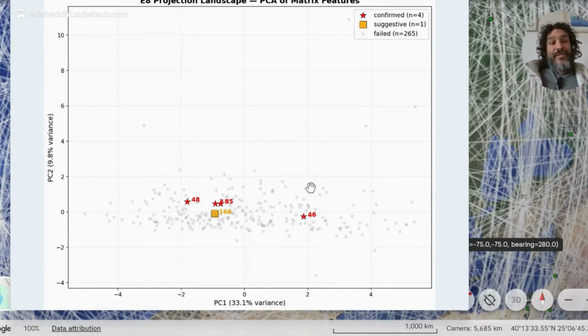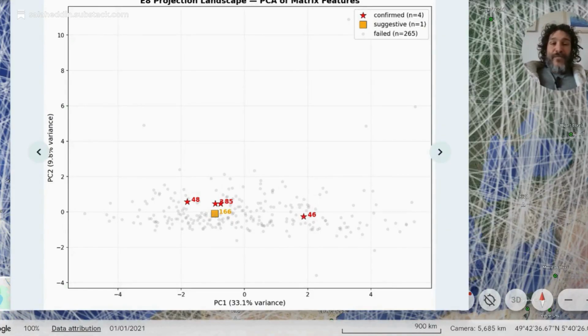And the projection that inverts this pattern, which is seed 166, is the one that comes closest to working, but ultimately fails. Out of 270 projections of the E8 crystal, only 4 find this subspace strongly enough to survive rigorous statistical testing. So the geometry is selective, and the selection has a structure we can now describe.